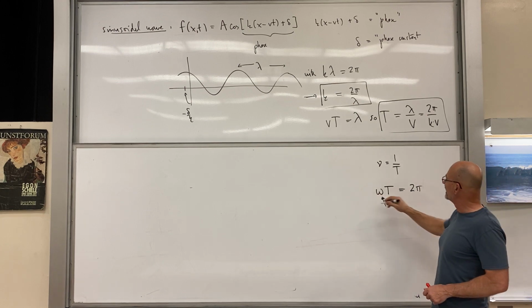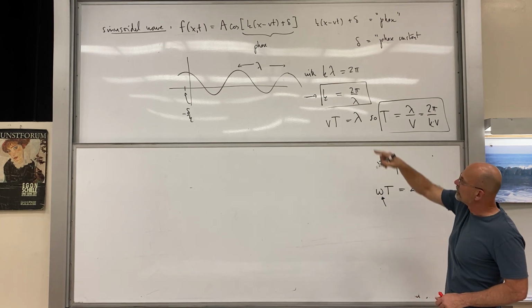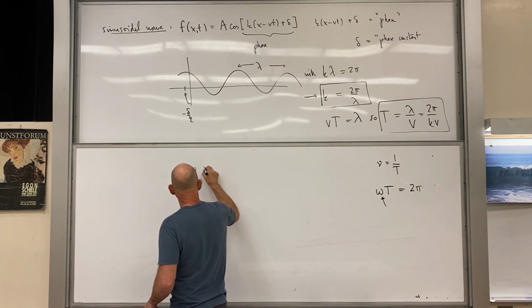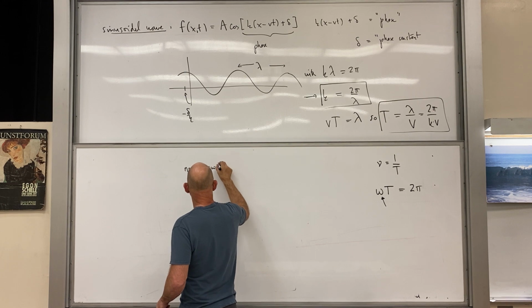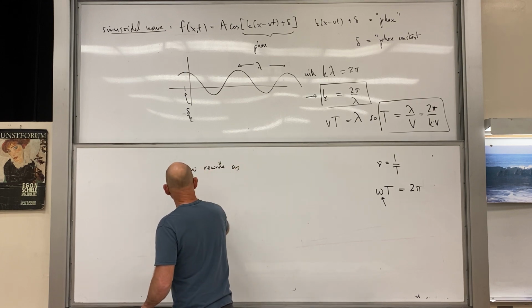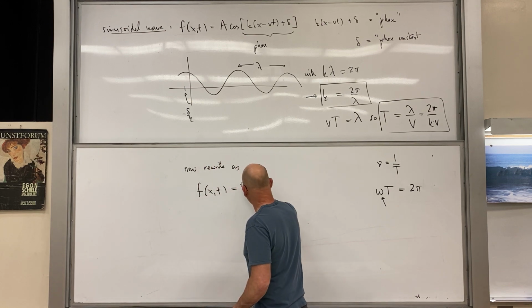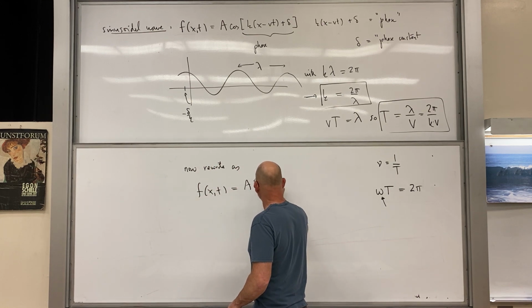So we've got these points, we can now rewrite our wave as f of x and t is equal to A cosine.